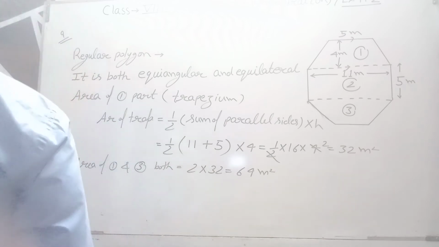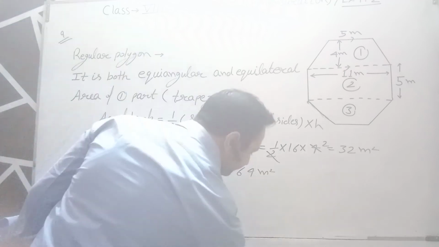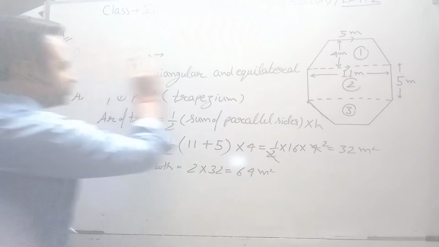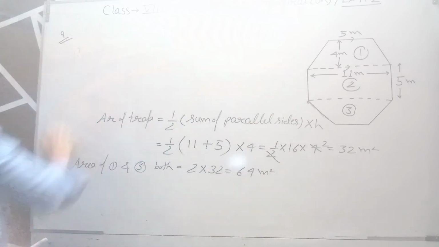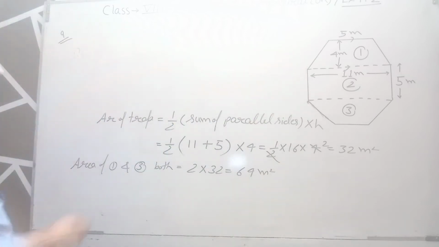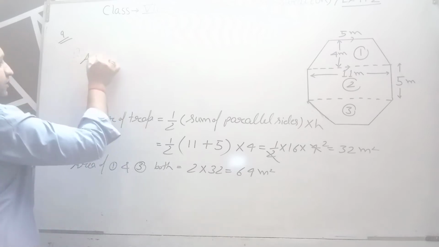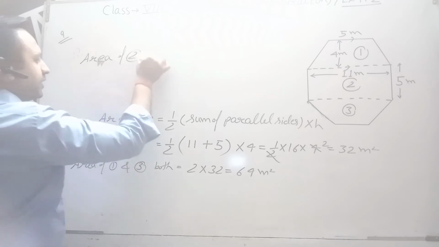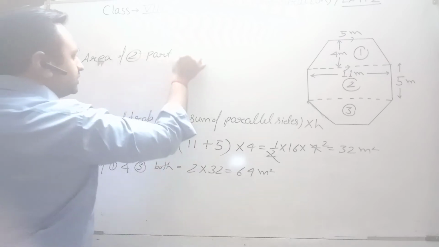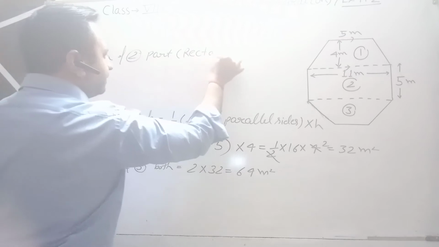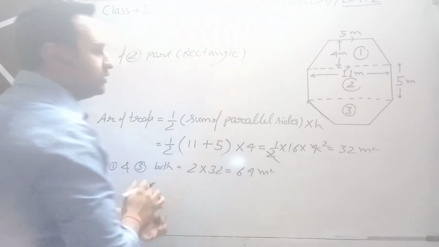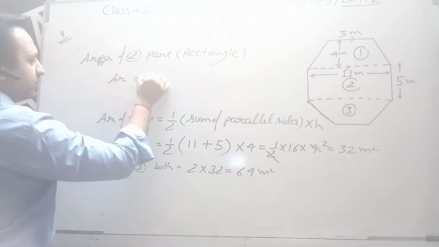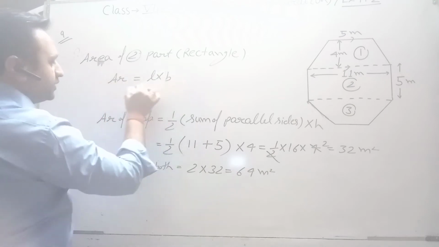Now we have to calculate the area of second part. The area of second part is in the shape of a rectangle. Area of second part, which is in the shape of a rectangle, and the area of rectangle is equal to length multiply breadth.